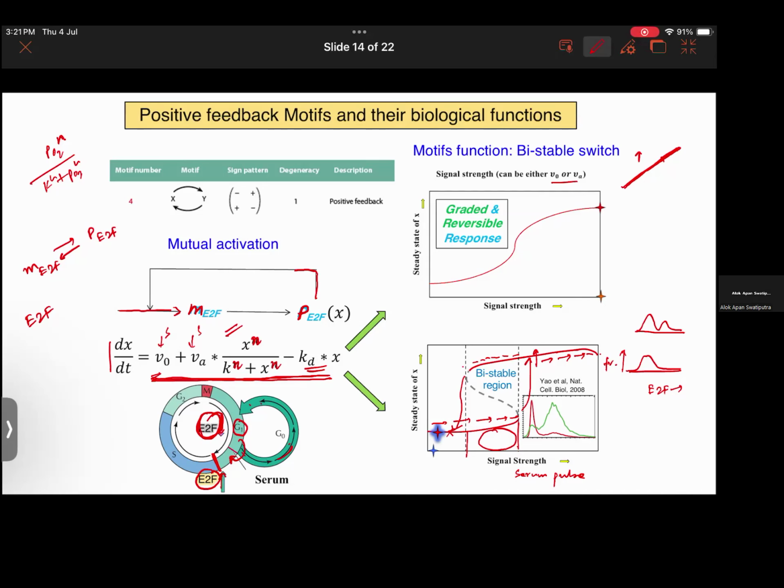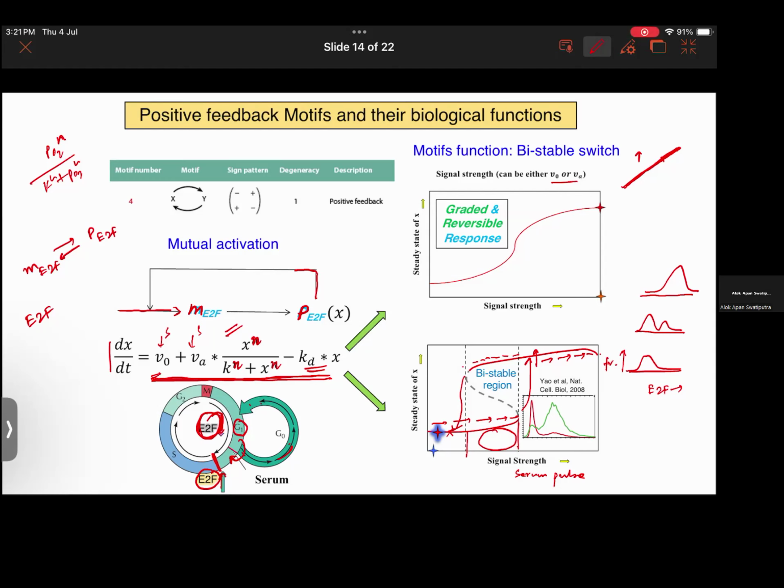So there are two distinct classes. Some of the cells are low EQF, some of the cells are high EQF. When they put a high pulse, you observe there are only high EQF.